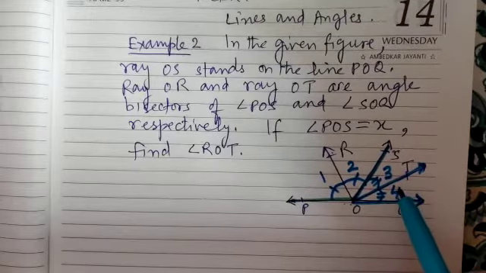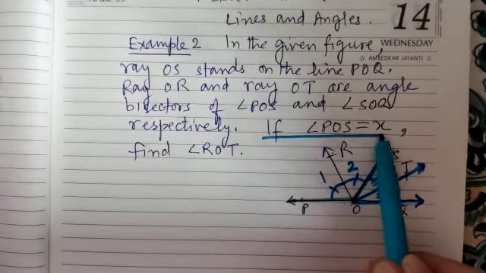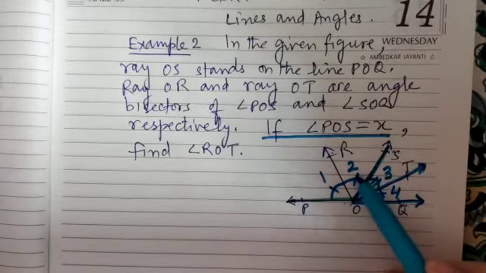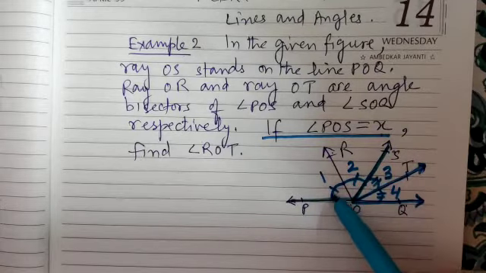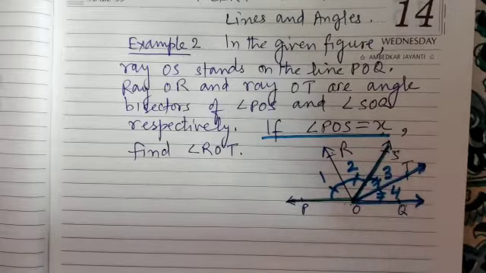Now in this question it is given that angle POS is equal to X, so this complete angle POS is X, we need to find how much will be angle ROT.